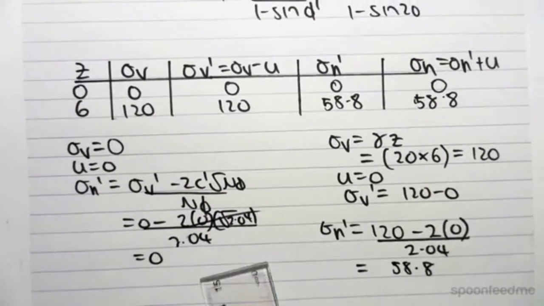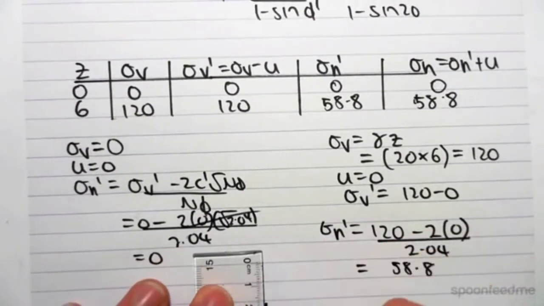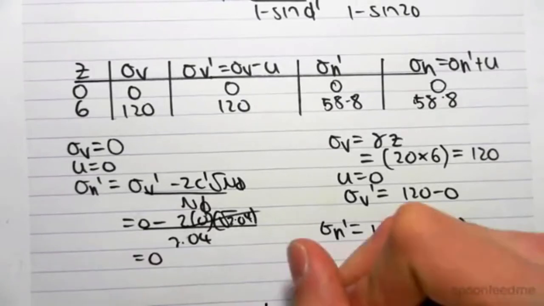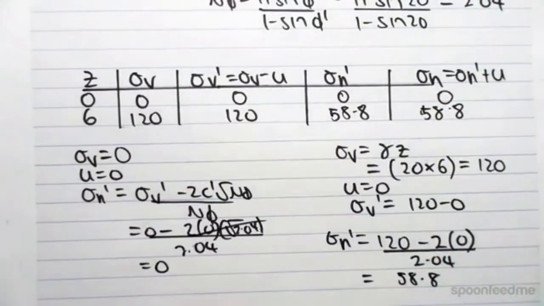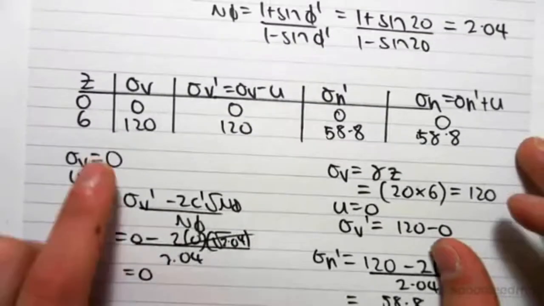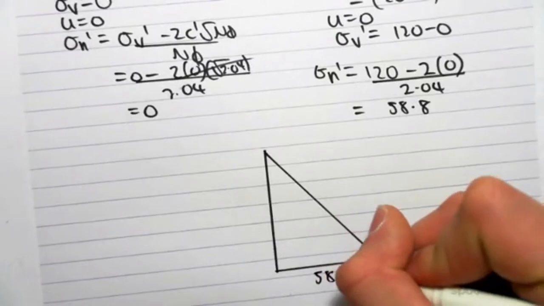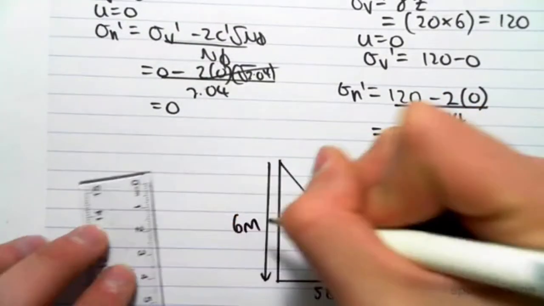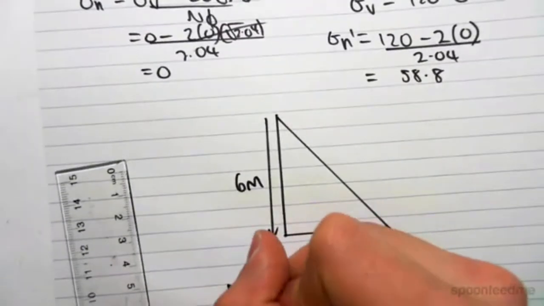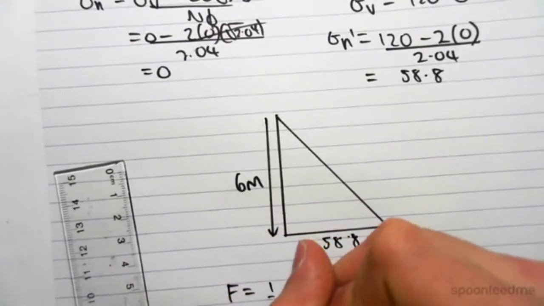We can now draw our stress distribution diagram. So it would look something like this. We have zero horizontal stress at 0 meters, but we have 58.8 kPa at 6 meters. And then we know to find our force, we just need to find the area of this, which is a triangle.